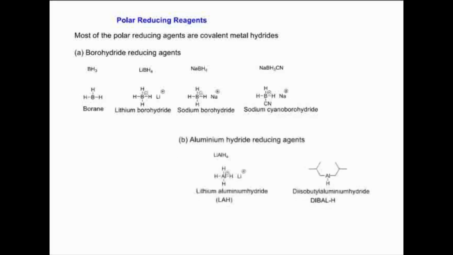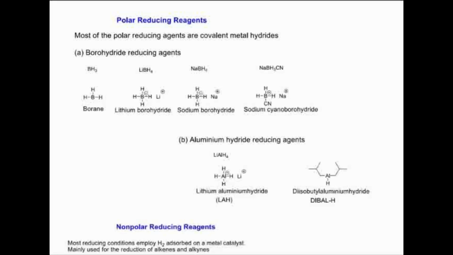Aluminum hydride and borohydride are common reducing agents which we have studied right from our higher secondary classes. And non-polar reducing agents are normally molecular hydrogen, used adsorbed on metal catalysts.